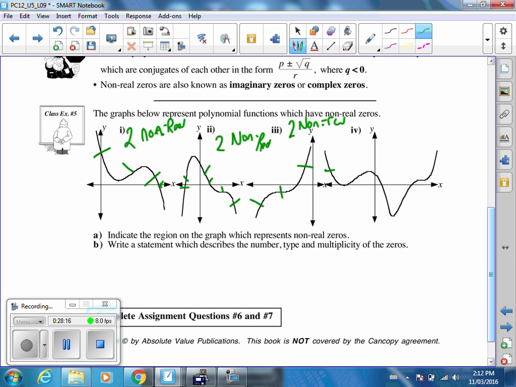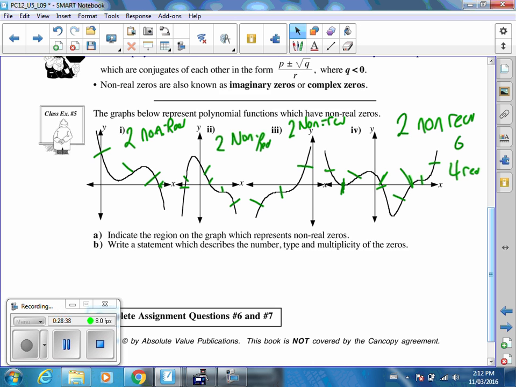This is 1, 2, 3, 4, 5, 6, and it has 1, 2, 3, but this is actually multiplicity 2, so 2 non-real as well, because it has 6 potential reals. Anyway, that's kind of beyond the scope of the course, but it's cool nonetheless.